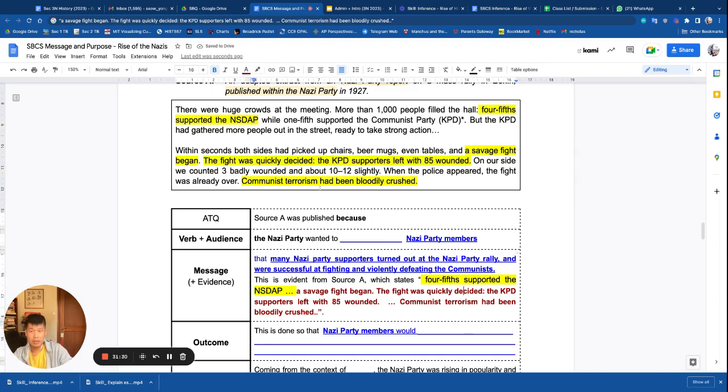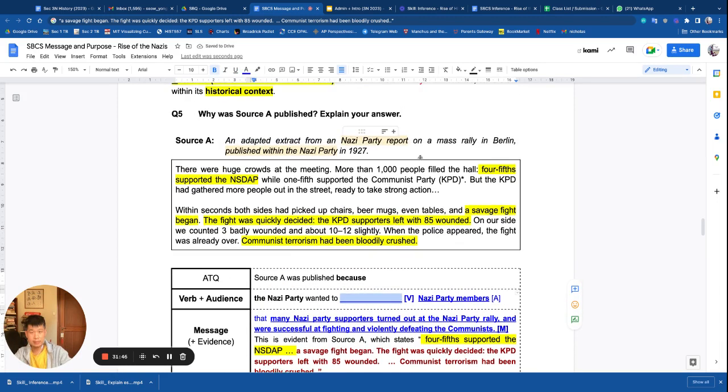Okay, I have the evidence, and I want to round it up. So I have audience, I have the message, I need the verb. In this case, because it's a report, I think the verb I want to use is inform.